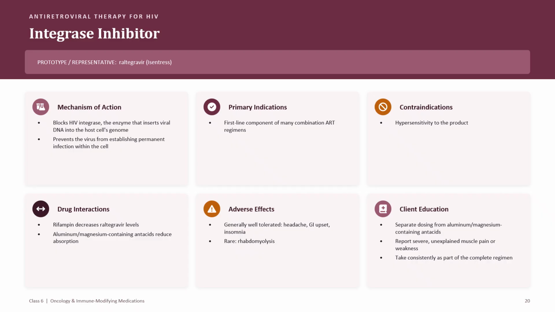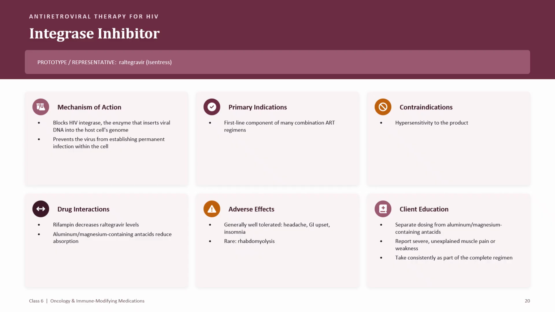The viral DNA is now a part of the cell's own genetic material. So raltegravir blocks that insertion step, and the virus never gets to make itself a permanent part of the cell.